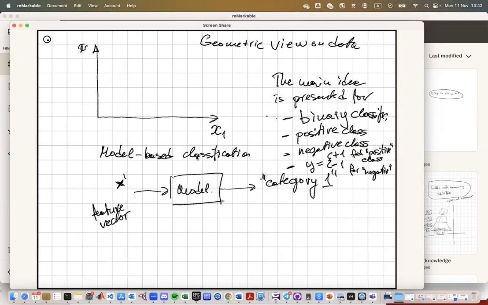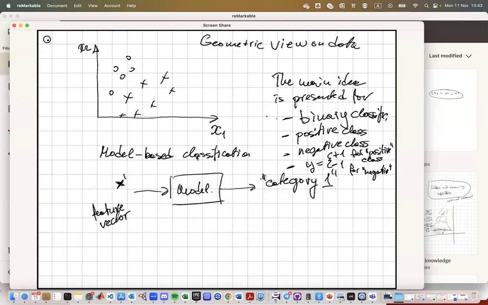X1, X2. And then we have points, the data samples, arranged in some manner in this space of features.